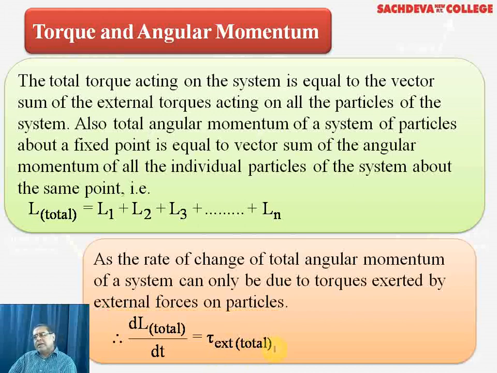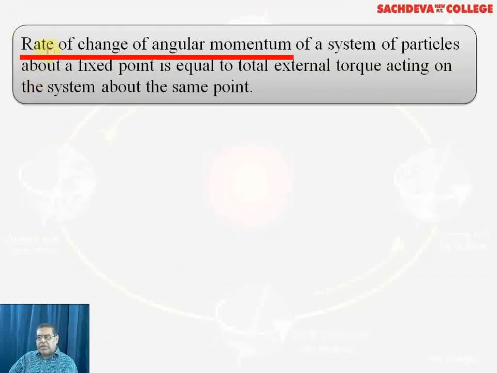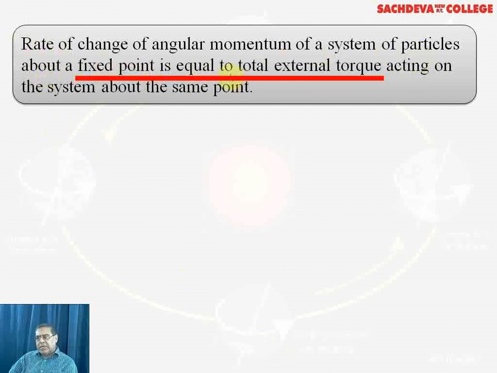In the linear case, the total momentum of the system is conserved when no external forces are acting. Similarly, for angular momentum the conservation laws are valid: the total angular momentum of the system remains constant when there is no external torque. The rate of change of angular momentum of a system of particles about a fixed point is equal to the total external torque acting on the system about the same point.